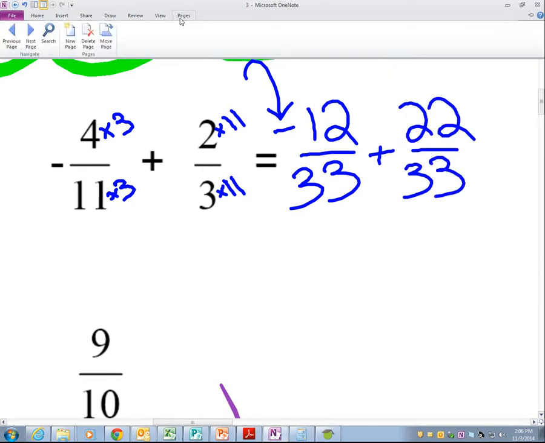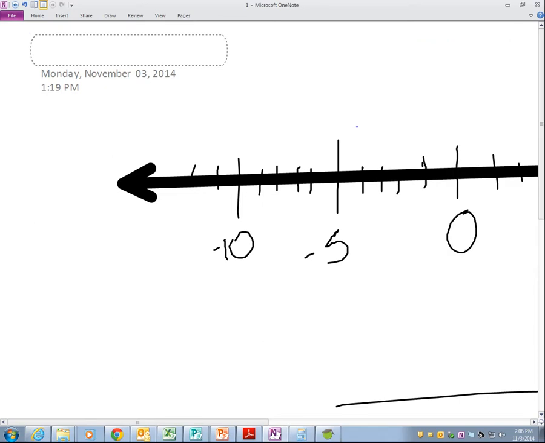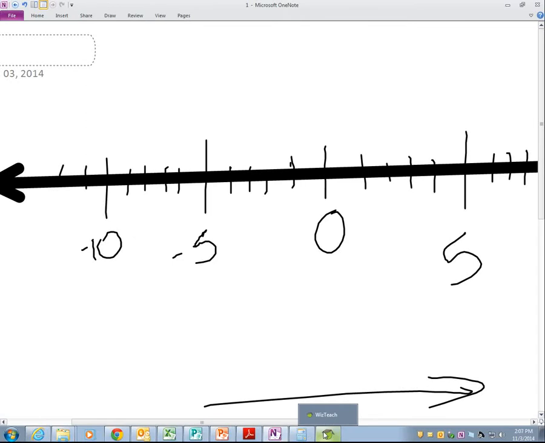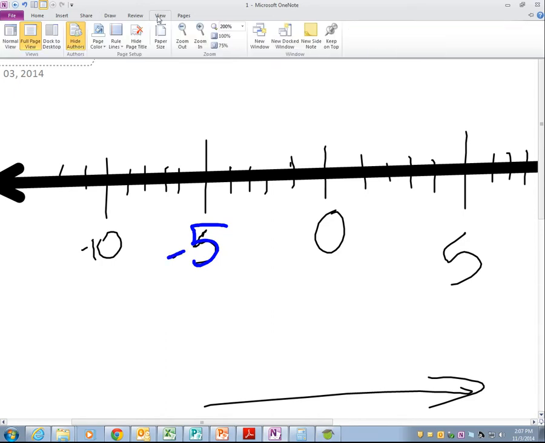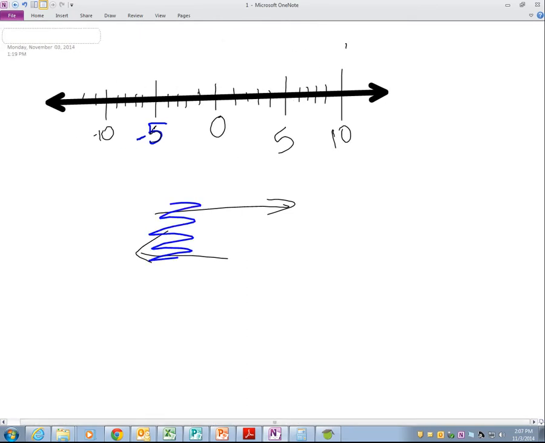So I'm going to look at a number line, and what is that? I'm going to look at a number line here. It's a beautiful number line, you might be thinking to yourself. Yeah. Okay. So I'm at a number line. My fraction, what was it?